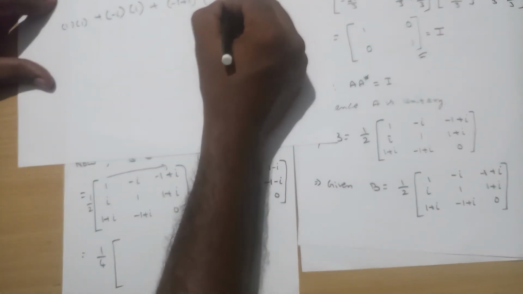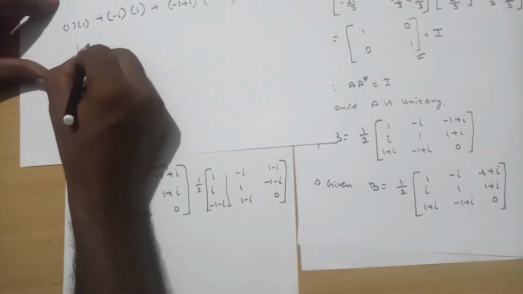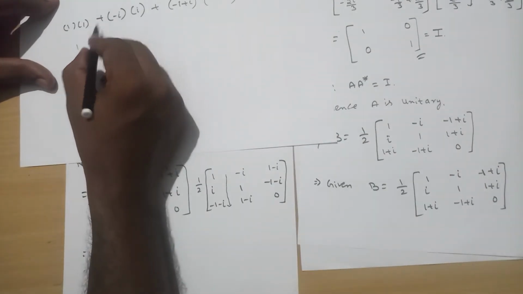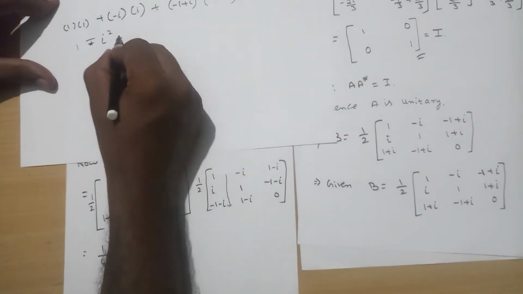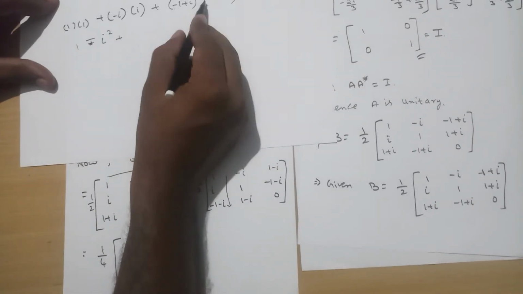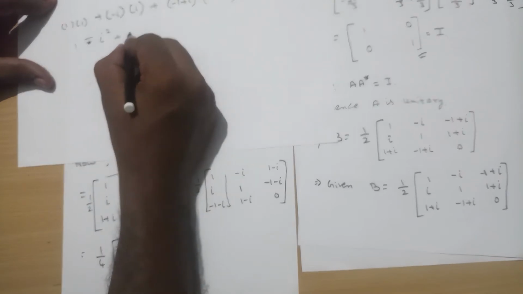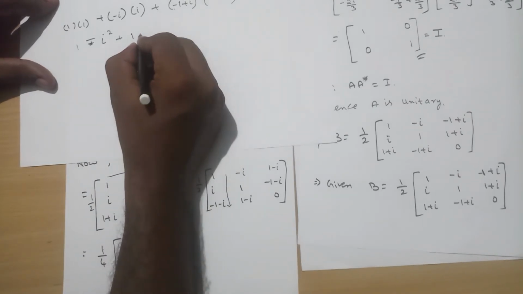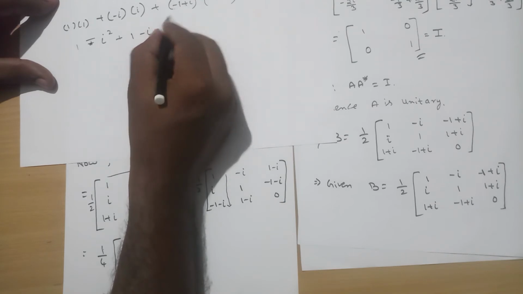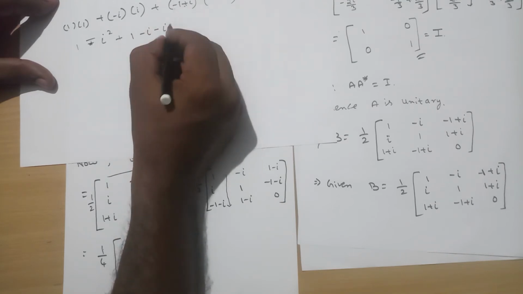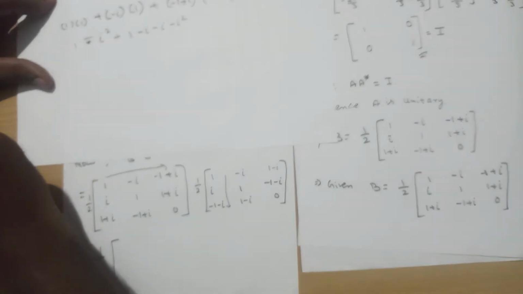Minus 1 minus I. So 1 here, plus into minus minus, what do you get? I square you'll get, plus here minus into minus plus you'll get 1, and here minus I, and here minus I, and here minus I square.